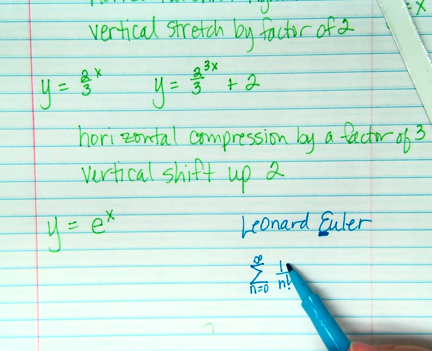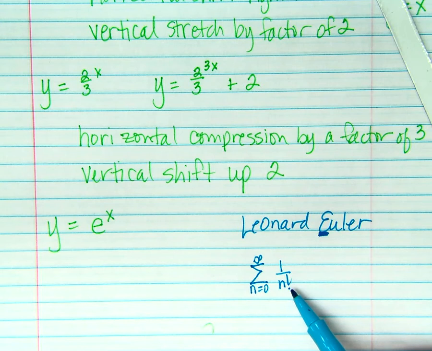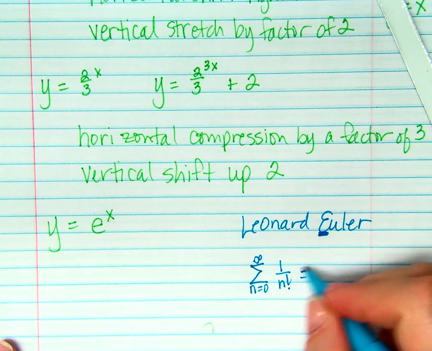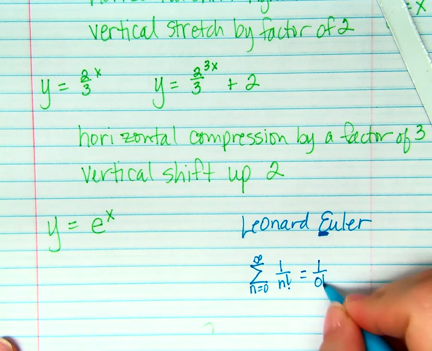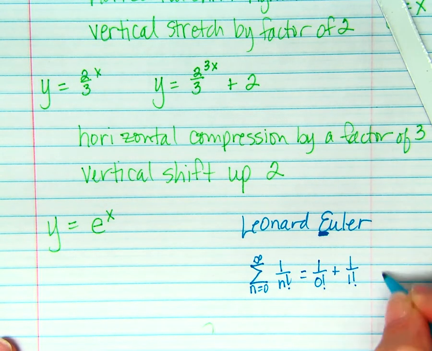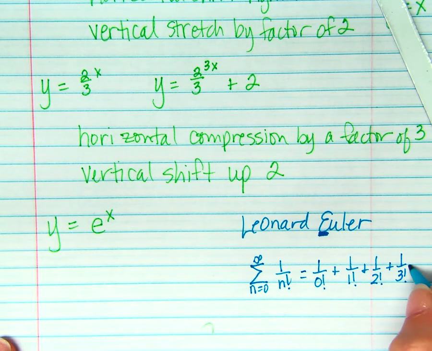Now, this does not say 1 over n. That's not what it says. It's 1 over n factorial. And this is how it starts out: 1 over 0 factorial plus 1 over 1 factorial plus 1 over 2 factorial, 1 over 3 factorial, and on and on and on.